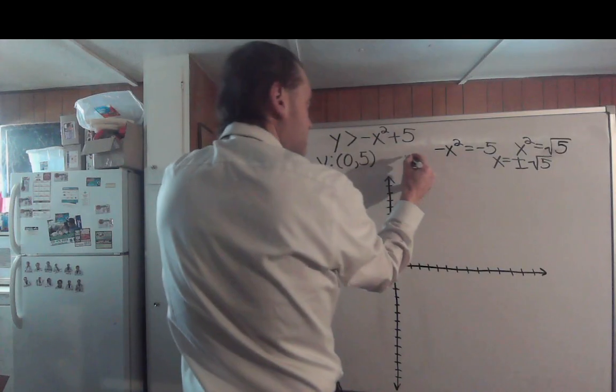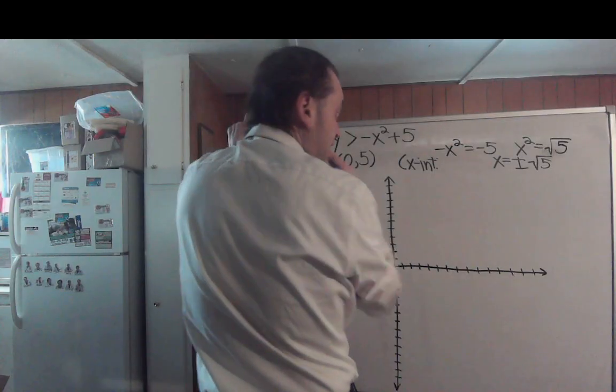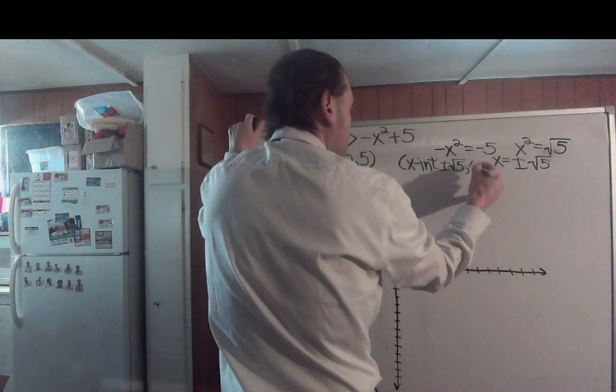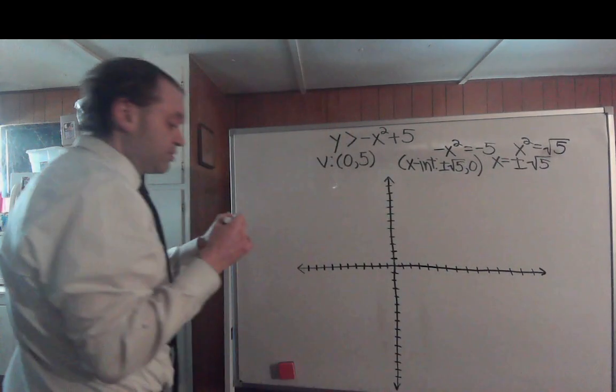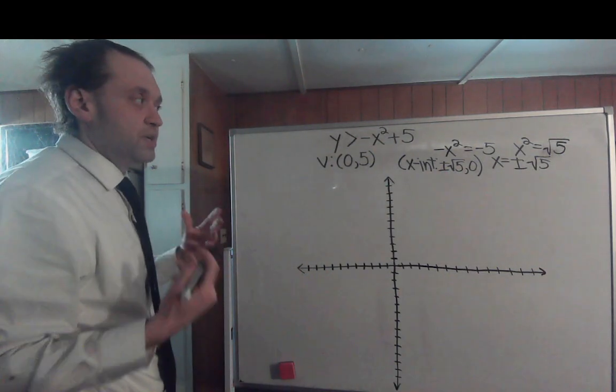So your x-intercepts are going to be at plus and minus square root of 5, 0. And the square root of 5 is a little bit more than 2, a little more than 2 in each direction.